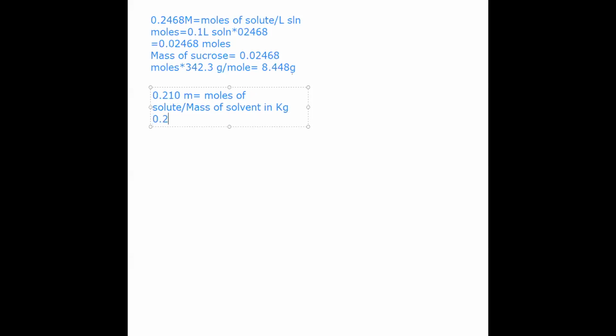Again, 0.210 molal should be equal to moles divided by the mass of solvent, which will be 0.089 kilograms.